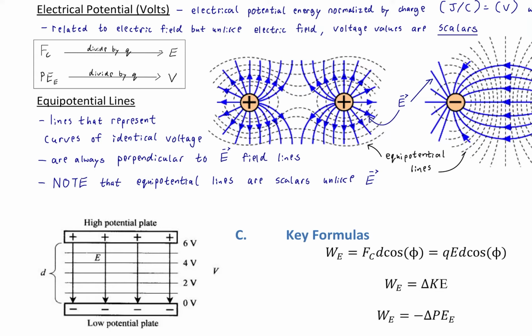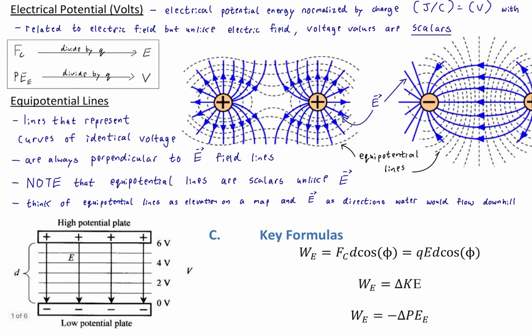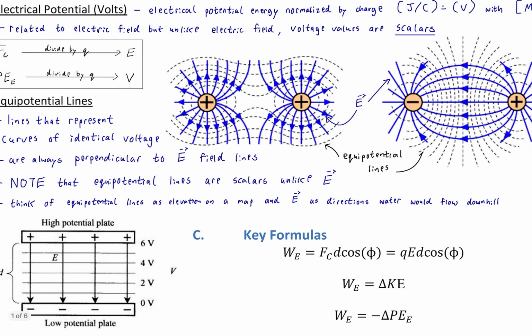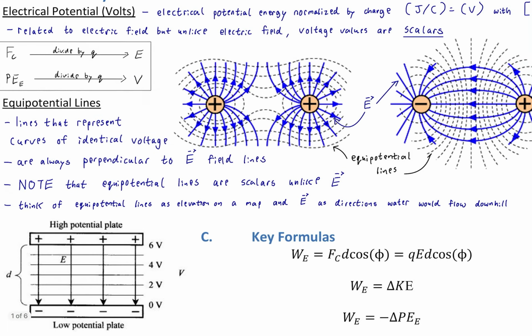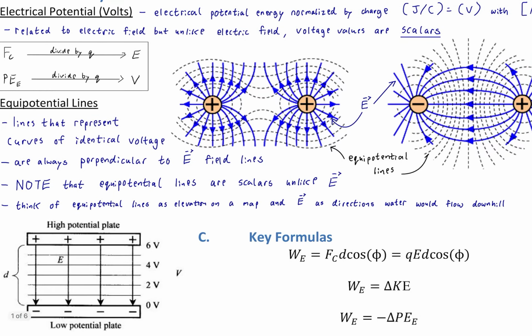Got it? Now here's an analogy that has nothing to do with electricity. Think of the equipotential lines as elevation on a map, and the electric field as directions water would flow downhill. Imagine that this is an elevation, say, 1,000 feet. That means that this equipotential line here, since it's going uphill, would be maybe 1,200 feet.